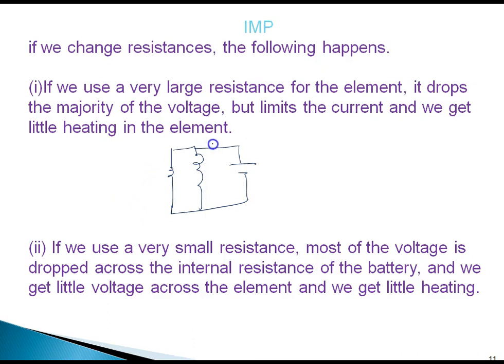If you use a large resistance for the element, then this resistance will drop the majority of voltage, but this resistance will limit the current and we get little heating in the element, because here the current is decreasing since the net resistance of the circuit is increasing. And just the inverse you can think here.